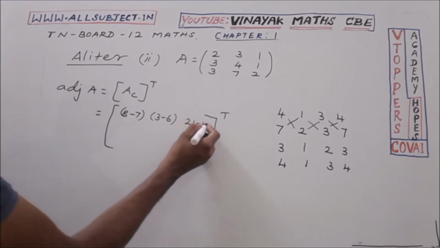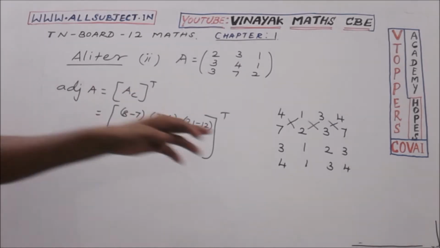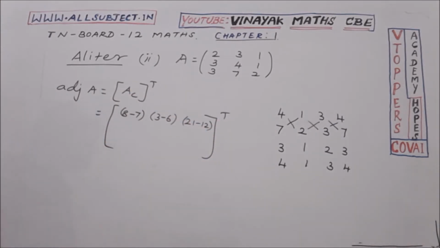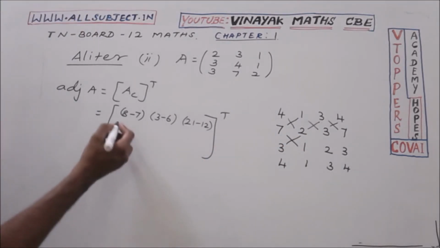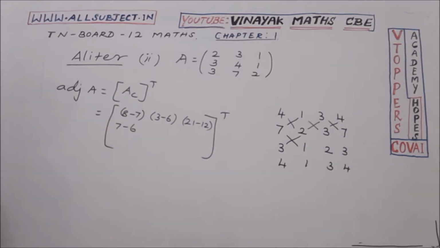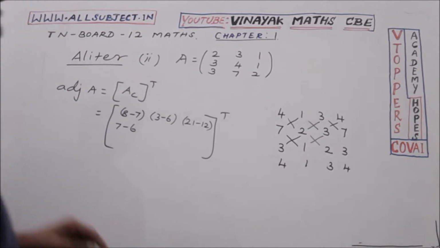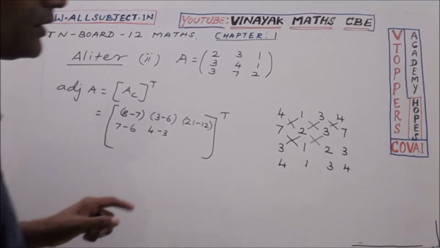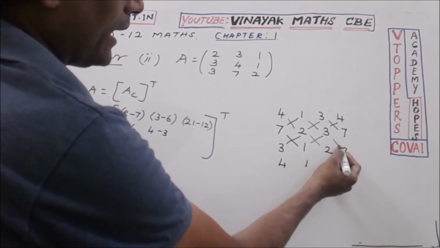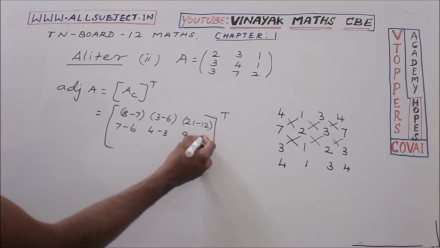21 minus 12. Similar to that, move to this, take the second and third rows now, calculate in the same manner. We'll have 7 minus 6. Then here 4 minus 3. Then here 9 minus 14.